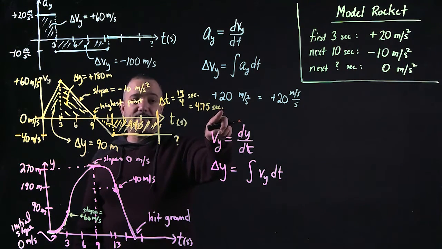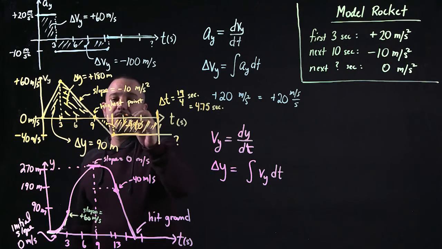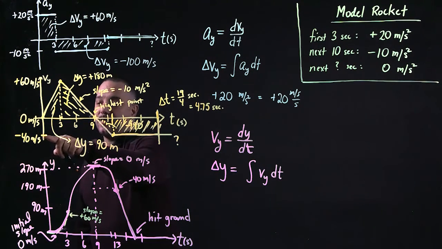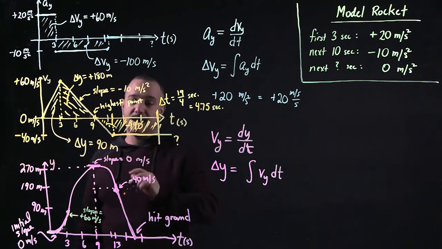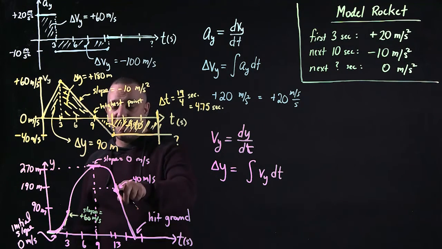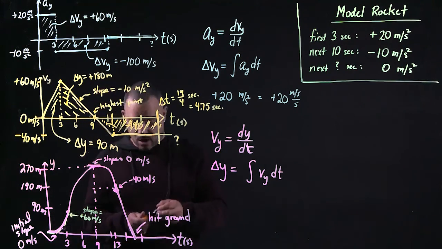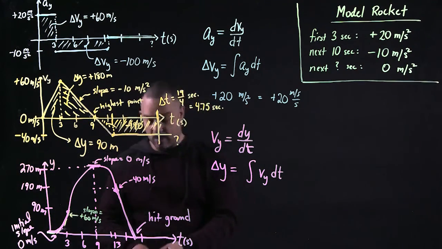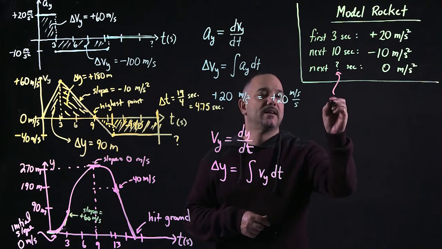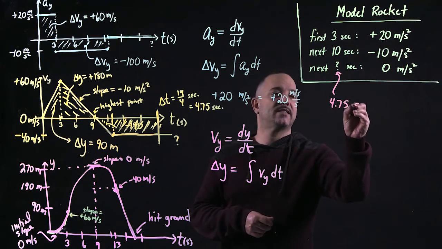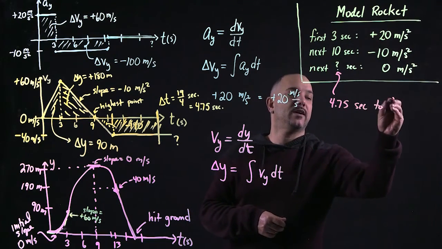So 4.75 seconds, that's our base here, times the height of the rectangle gives us an area of negative 190, and that will take us from this point all the way back down to the ground. That's how we figure out what this time is. It takes 4.75 seconds to hit the ground.